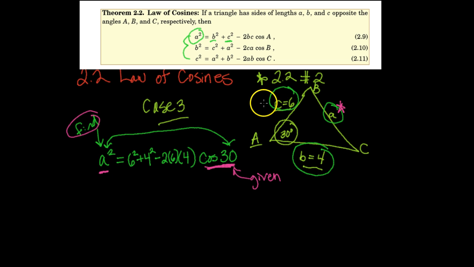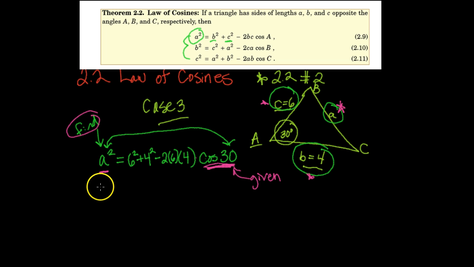The other two sides that you're given, those are the two sides that you square on the right-hand side. So you take 6 squared and you take 4 squared. Then you subtract 2, don't forget that 2, times the product of the two sides that are given, 6 and 4, times, all of this is multiplication, cosine of 30. Okay, and then you can solve this and simplify.